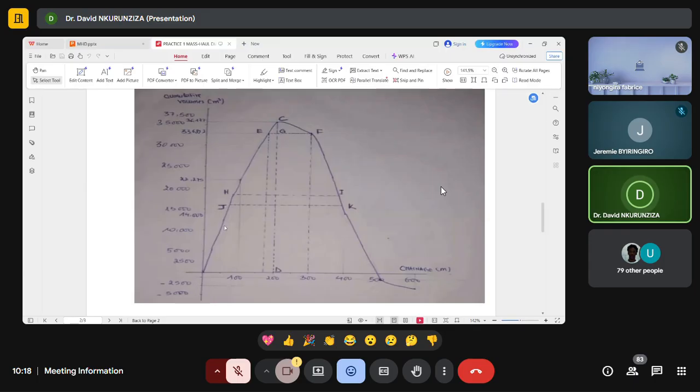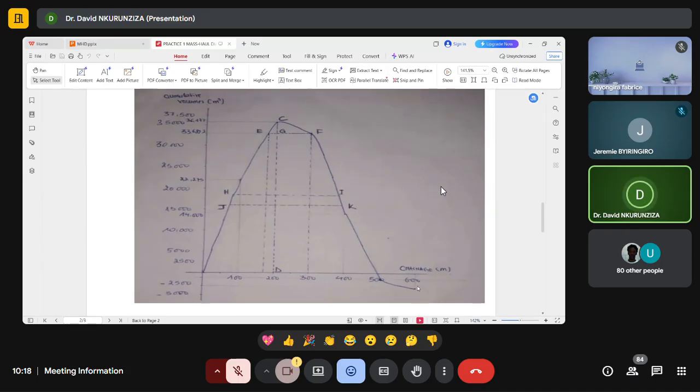And then, for example, we have this point and this one. We have A, B, we have J, K, maybe L. Let us put maybe L here, L and the M. So you can see from L to M, at L we have 0.